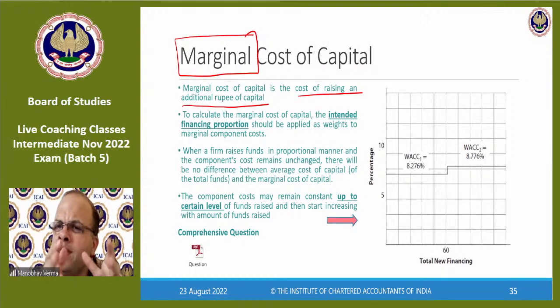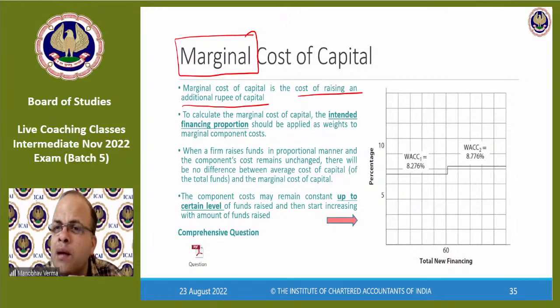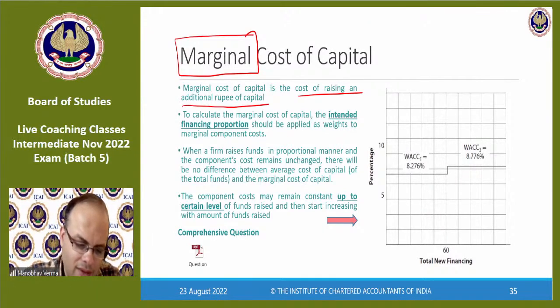Do you remember some additional cost we need to incur whenever we have to raise additional capital? Multiple times I have told you. What cost do we need to incur if we have to raise additional share capital or any other capital? Flotation cost, guys? Flotation cost?